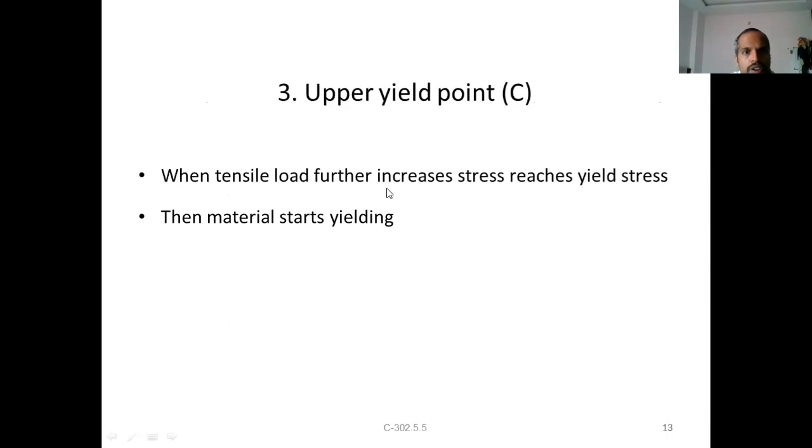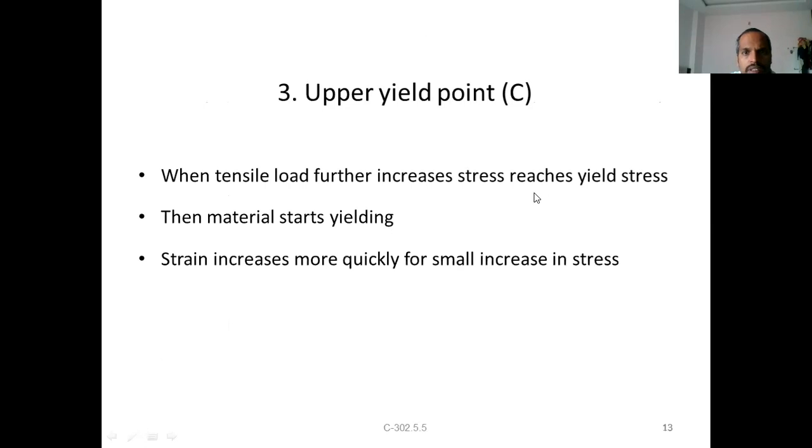When the tensile load is further increased, the stress reaches the yield stress, which is nothing but the upper yield stress. Then the material starts yielding. What is yielding? Strain increases more quickly for a small increase in stress.